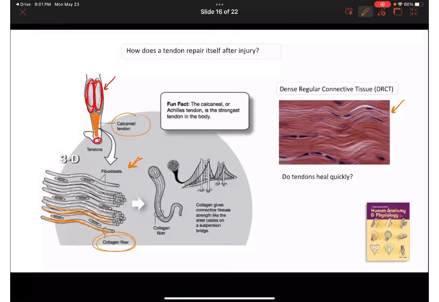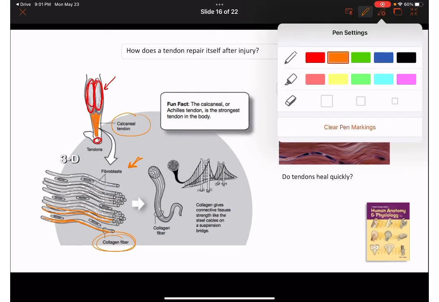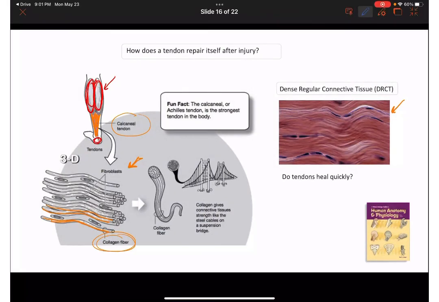And by the way, they all run in one direction, which means that they resist stretching in one direction. And then scattered throughout these collagen fibers are local resident cells that we call fibroblasts. And there's also cells in there called fibrocytes as well.